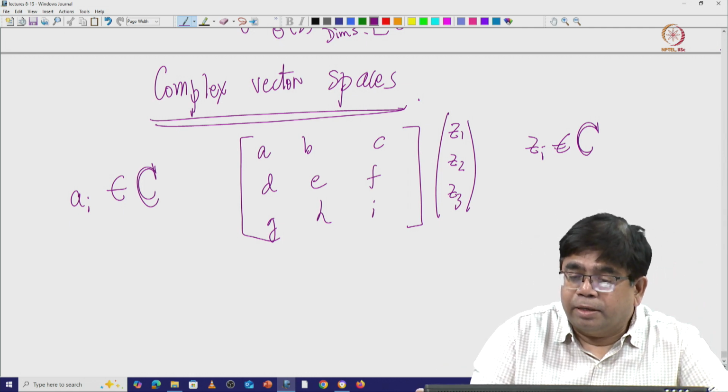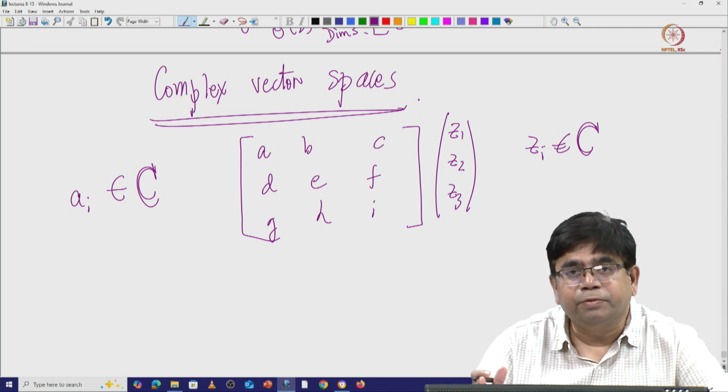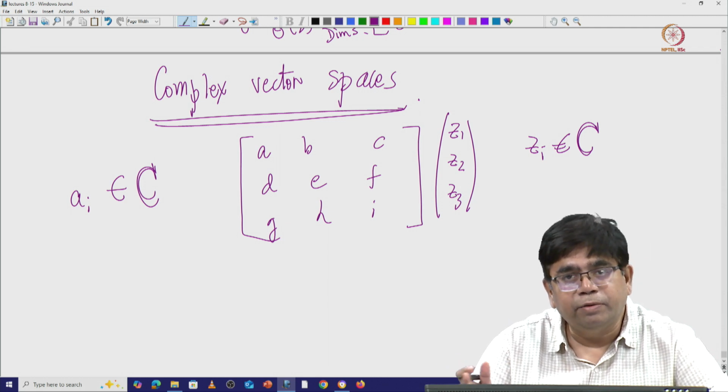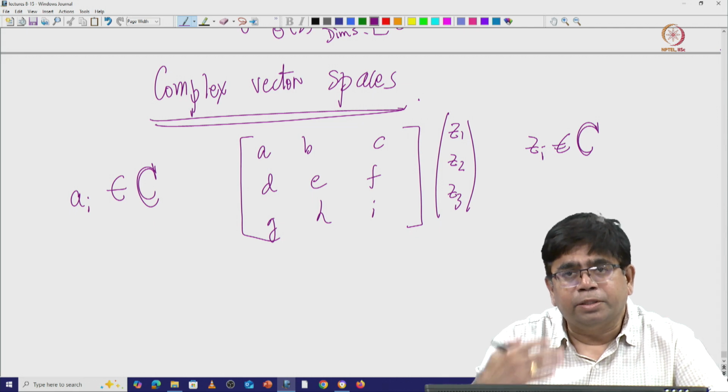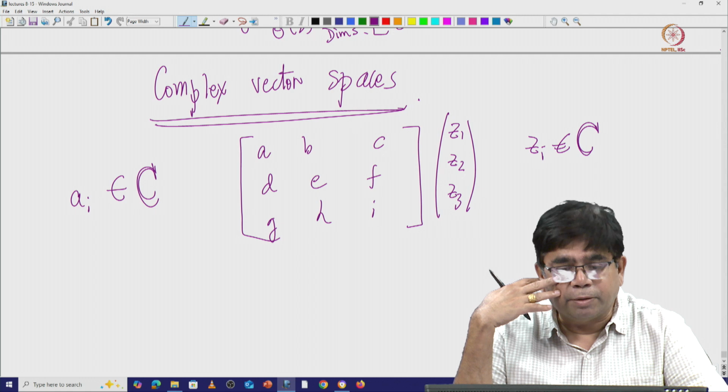How many parameters can you have for rotations with complex vector spaces? We ask the same question: what are the generators in this case, and what happens to the rotations?